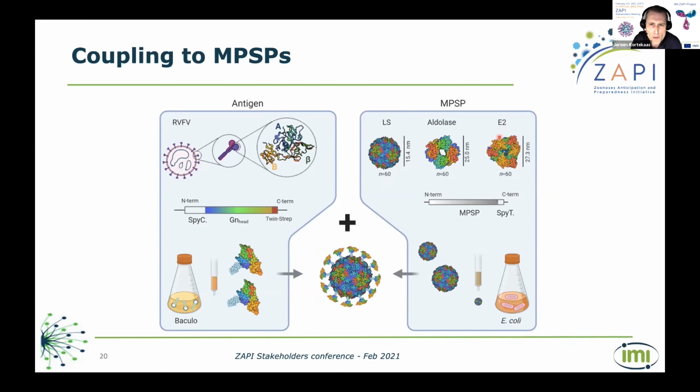So we valued it a lot to look at more than one particle. And we fused the SpyTag to the C-terminus of these proteins, produced them in E. coli to very high levels, and then assembled these two together, yielding the particle that you see in the center, displaying the ectodomain of GN. The next slide, please.